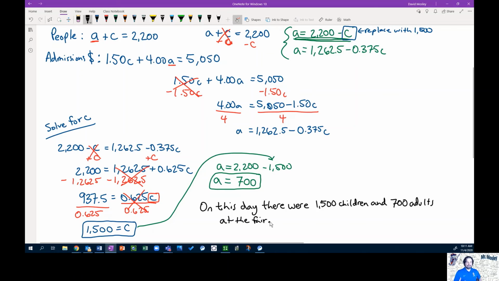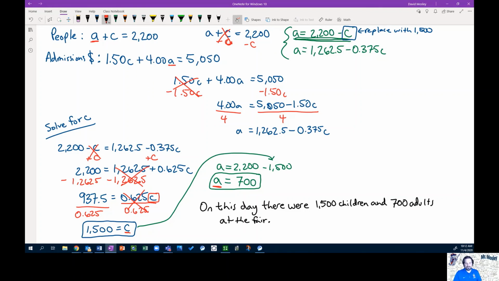Now again, I want to emphasize the fact that we had to find A and C. It was necessary to find both of these to find the solution. When you're finding the solution to a system of equations, you need to find both numbers, essentially the coordinates, the x and the y value, to actually have a solution. It's not enough just to find the x value, which is what we've done in just solving an equation. We need to find x and y to have the full solution.